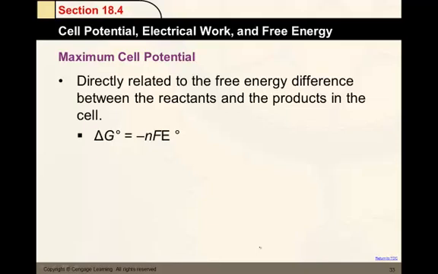We can calculate the spontaneity of a particular reaction by this formula, delta G equals minus nFE, where F is a Faraday. It's how many coulombs per mole of electrons can flow, and that's 96,485. You should find that on your cheat sheet because that is given to you. N is the number of moles.